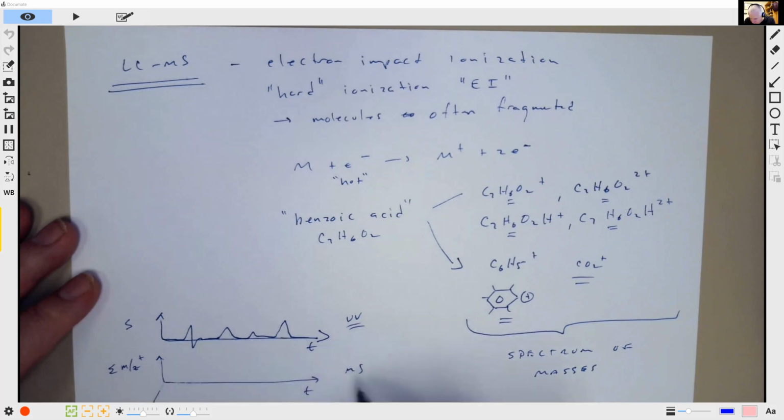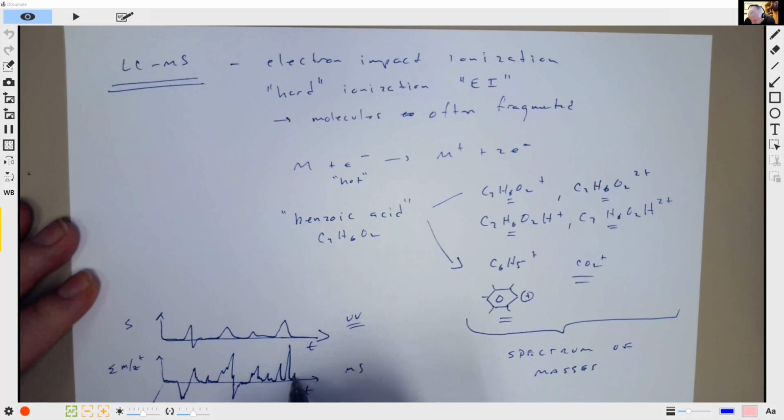We're going to get signal versus time, but then you can have the overall M over Z, which is probably going to go, it might do something like this, right? It might have more structure than the UV, right?